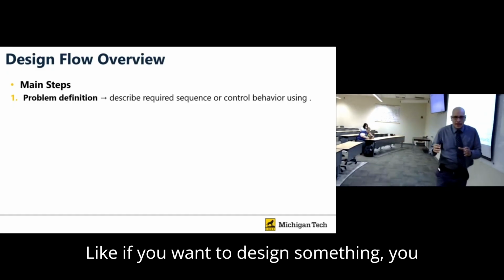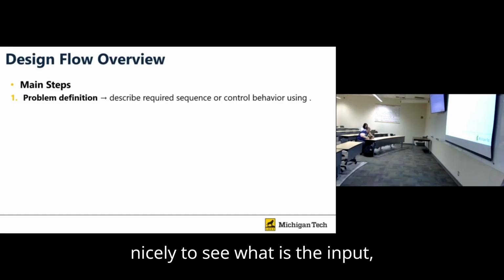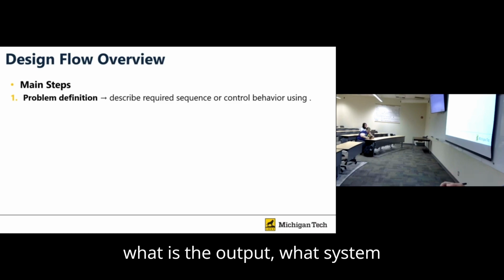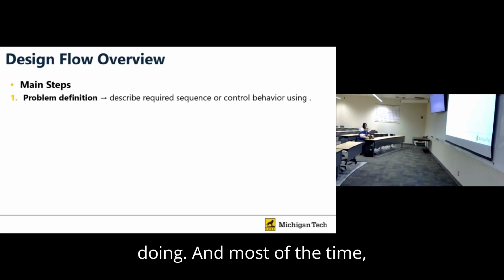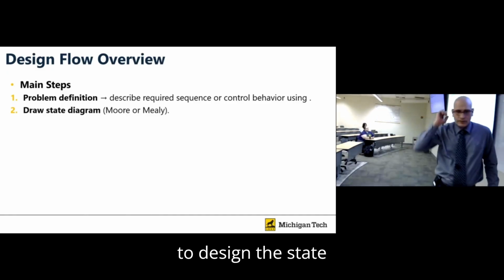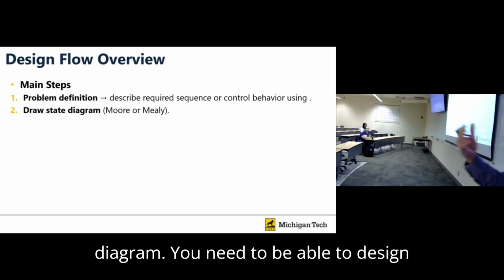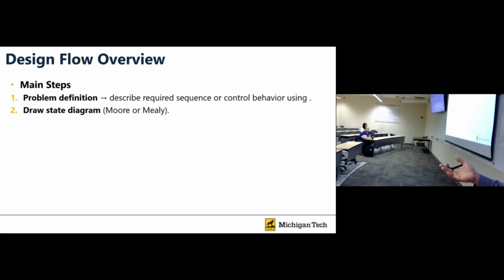Like if you want to design something, you need to describe it very nicely to see what is the input, what is the output, what system doing. And most of the time, if the system is sequential, you need to design the state diagram. You need to be able to design the state diagram.